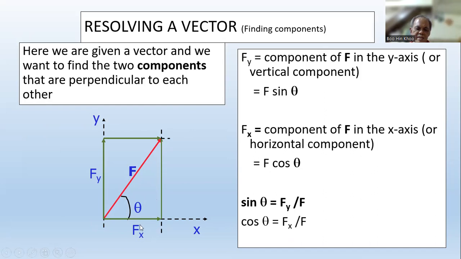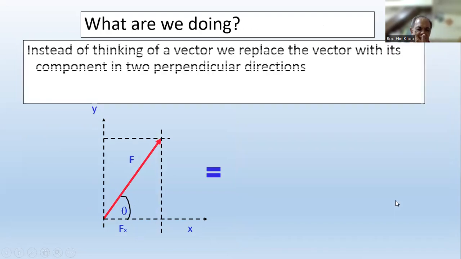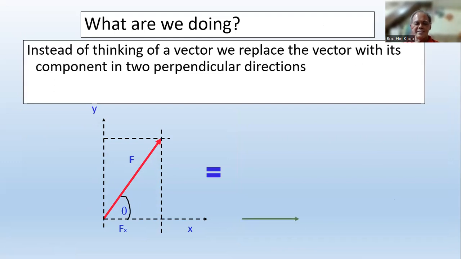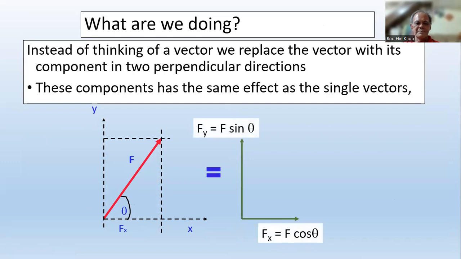Cos theta is Fx over F. It's faster if you can remember that one. What are we doing? Instead of thinking of a vector, we replace the vector with its components in perpendicular directions. That's all we are doing. The two components have the same effect as this single vector.